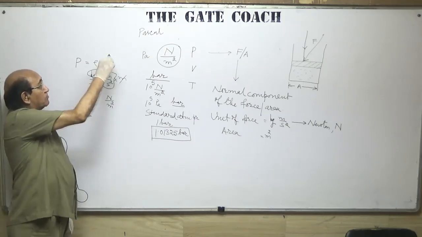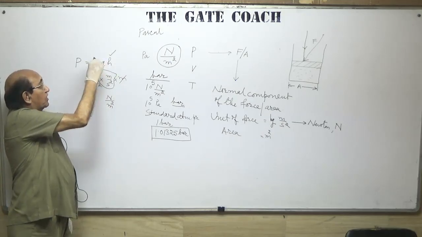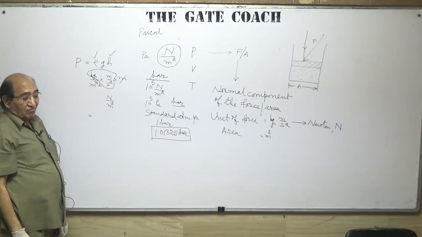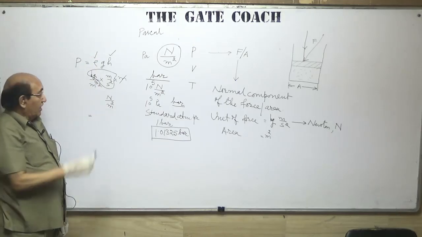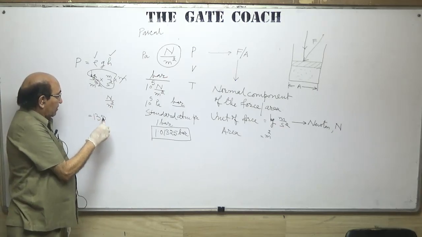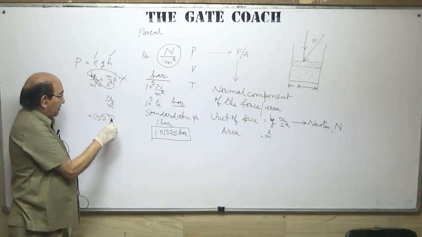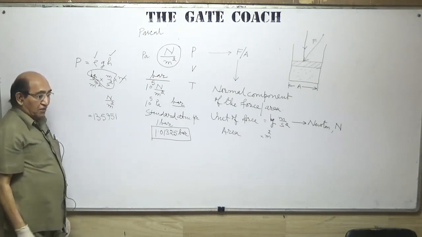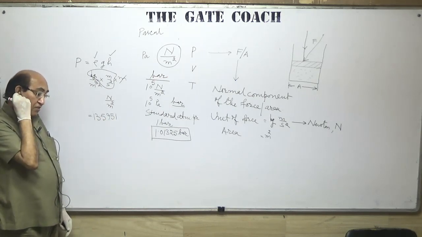h is in terms of mercury column, so density also we have to write for mercury. And the density of mercury is 13.5951 times heavier than water.